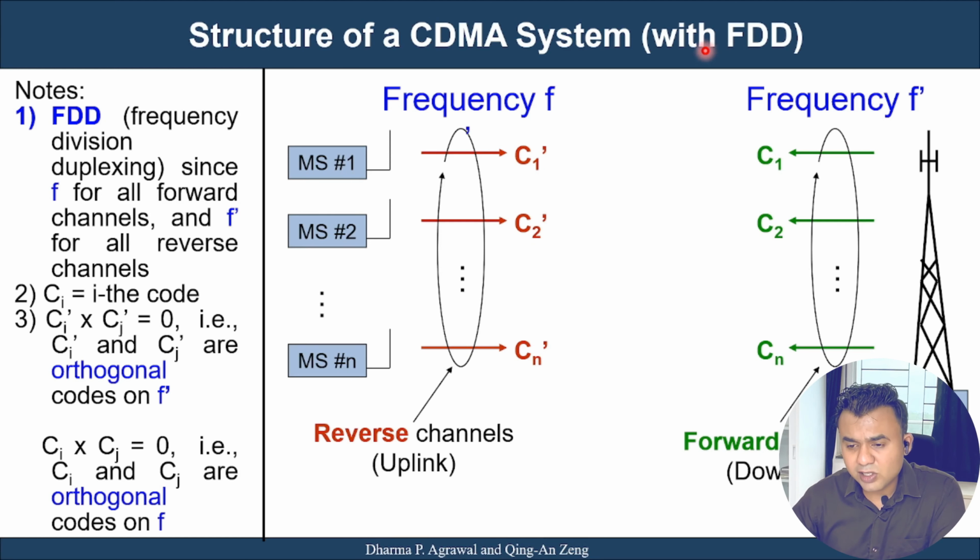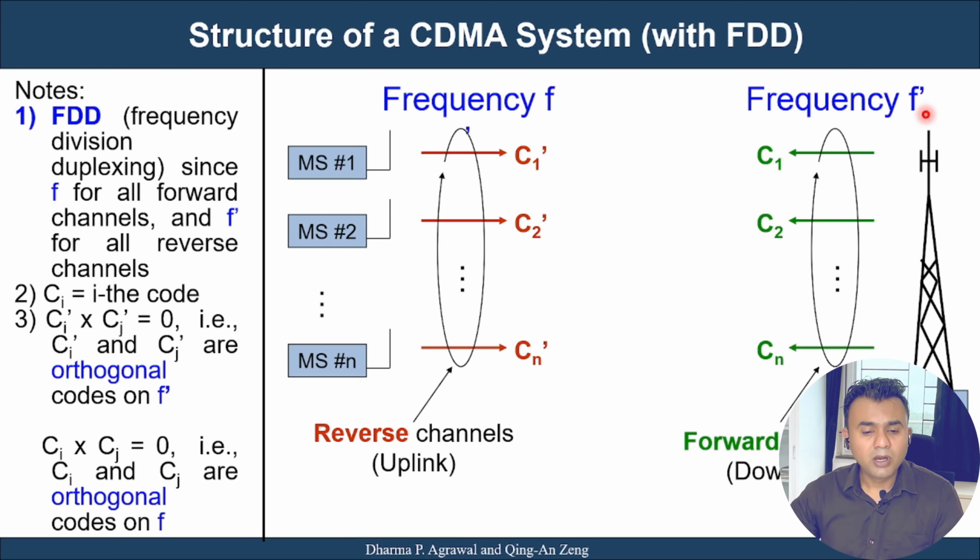Now see here, this is called frequency division duplexing. If I have misspoken this, please note that uplink and downlink have different frequencies. Uplink has frequency F and downlink has frequency F dash. However, all the mobile stations on uplink have the same frequency F, and all the forward downlink communication between the base station and the respective mobile station is performed on F dash, right?